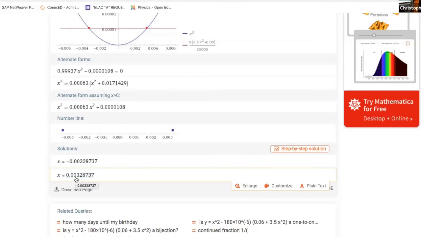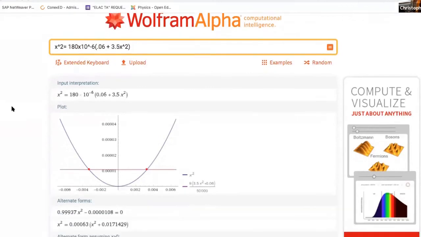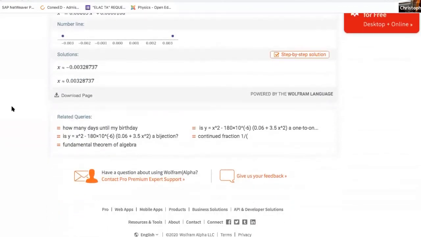Oh, that's the radius, sorry. Remember, that's centimeters. Let's just make sure I put the equation in right. X squared, 180 times 10 to the minus 6, 0.06 plus 3.5 x squared. Yeah, so that's centimeters.